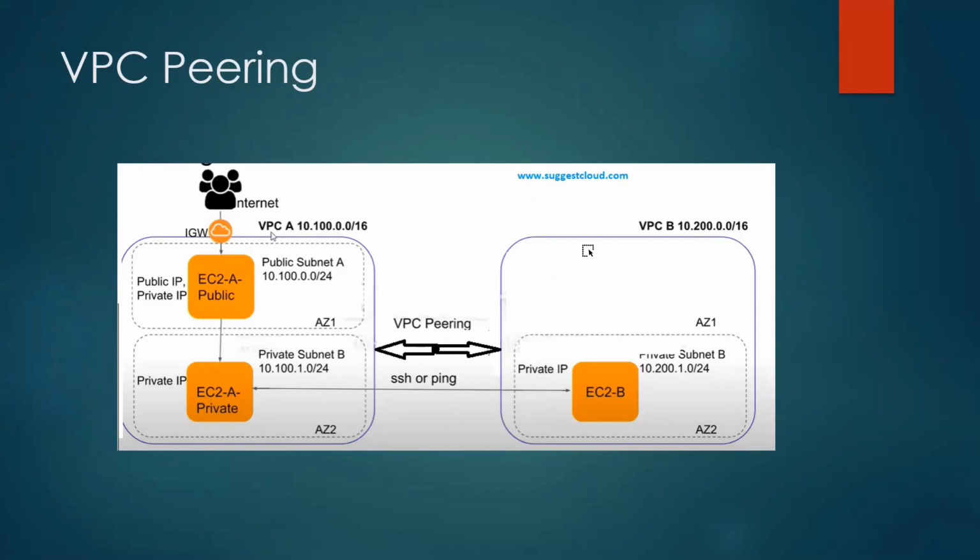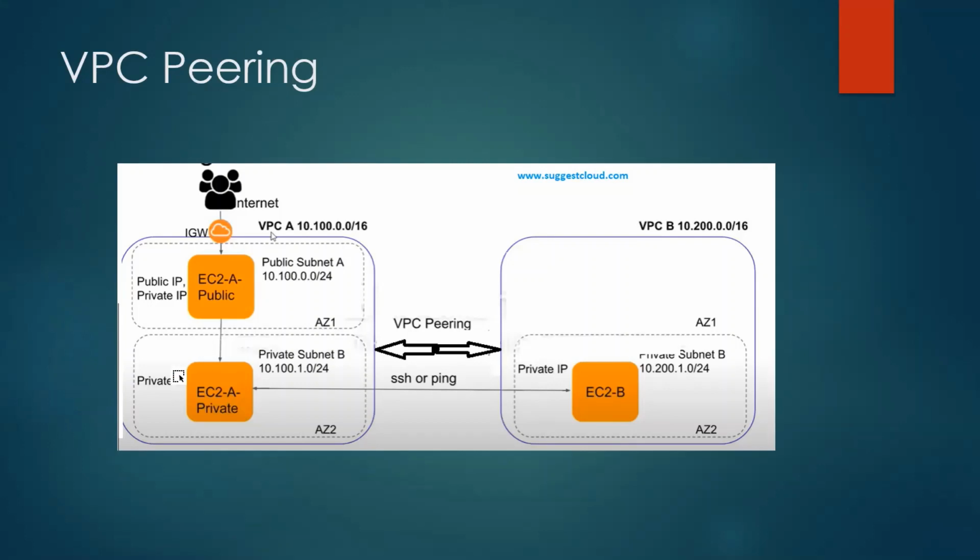And also, we are going to create a VPC B with the 10.200.0.0/16 CIDR block. In this VPC B, we will create a subnet with a private IP, and that subnet will have an EC2 instance. Now what we are going to do is, from the VPC A private instance, which is EC2A private, we are going to SSH to the VPC B private instance.